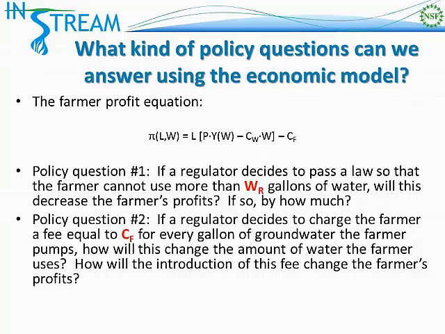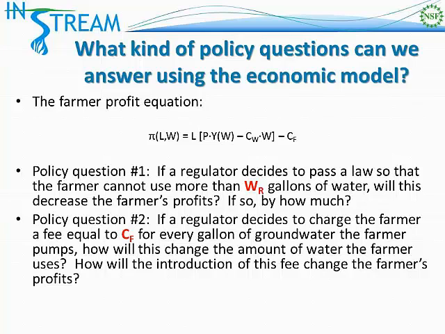We can take this equation and find the farmer's profit maximizing level of water use, as we did in part 3 of the module, and compare it to W sub R. If W sub R is greater than the farmer's profit maximizing level of water, then the farmer's profits will not go down if the regulator decides to impose this limit on water use.